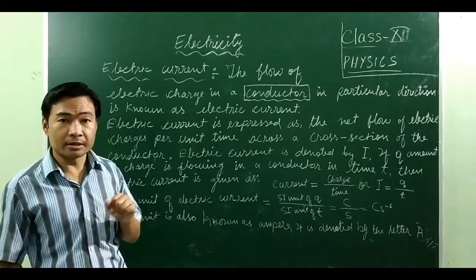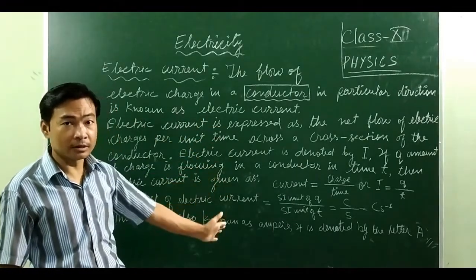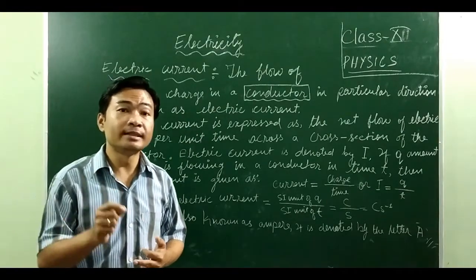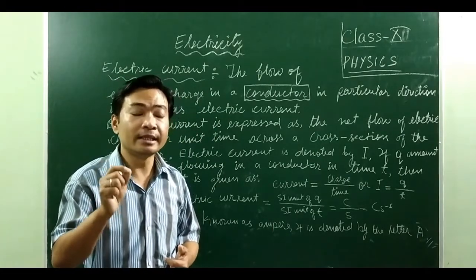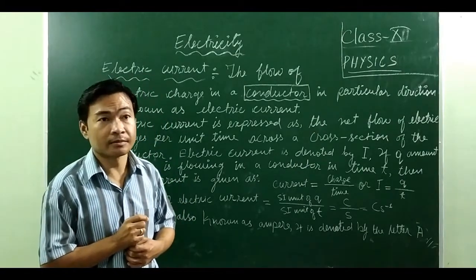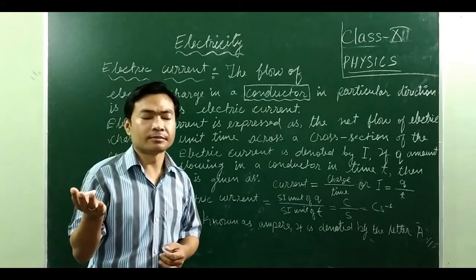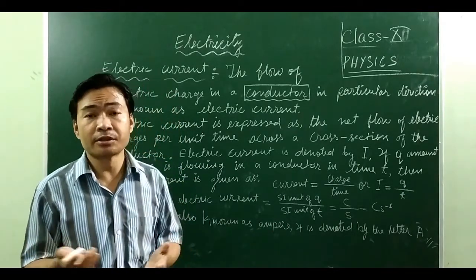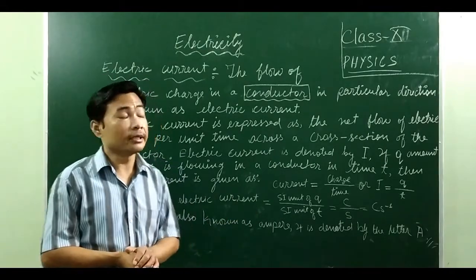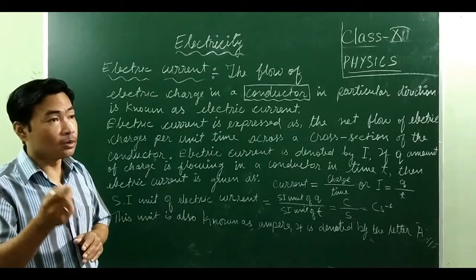There are two substances you need to understand before we move further. Conductors are those substances through which electric charge can flow very easily without any considerable resistance. For example, metals, aqueous solutions, salt solutions, or ionized gases, like copper wire.